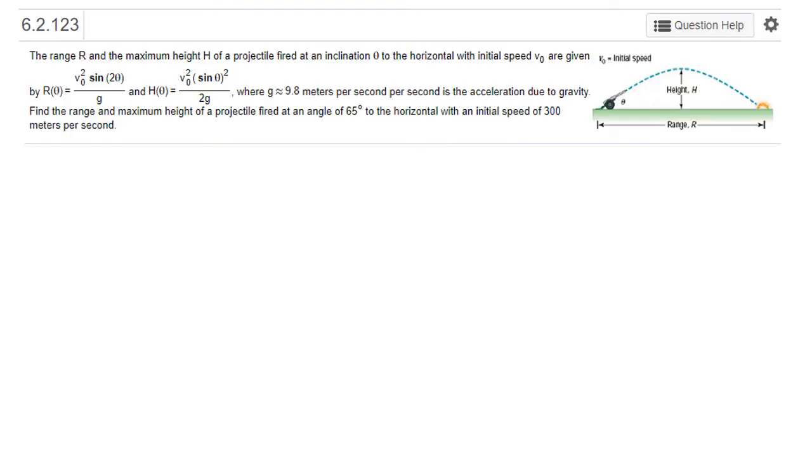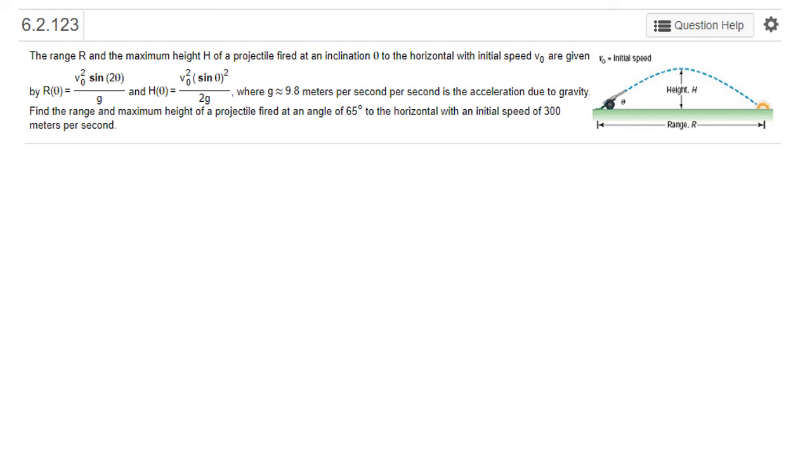All right, word problem. We have a cannon that's firing a projectile at an angle theta with initial speed v sub 0, often called v naught. The range r of theta, which is the horizontal distance it has traveled, is given by v naught squared times the sine of 2 theta divided by g, where g is approximately 9.8 meters per second squared, and h of theta, the maximum height that it reaches, is v naught squared sine of theta squared divided by 2g.